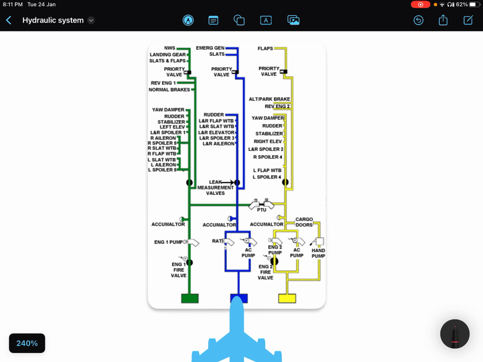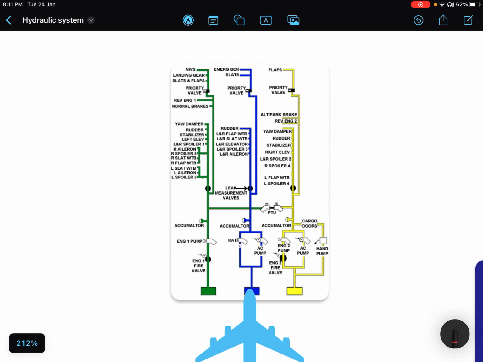So we have three systems: green, yellow and blue. These are the reservoirs. Then further downstream we have engine fire shutoff valves for both engine driven pumps. First things first, we have one engine pump for the green system and one engine pump for the yellow system, right?